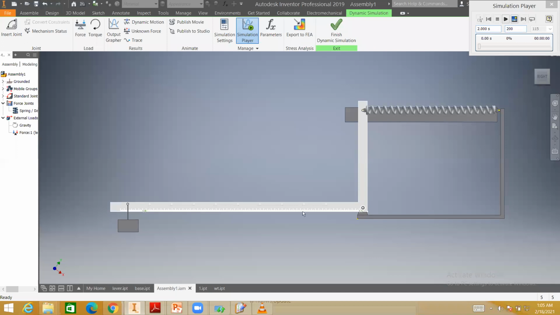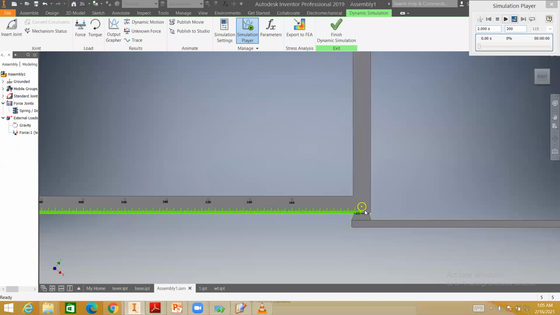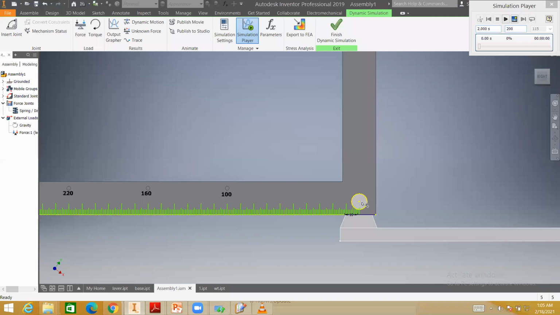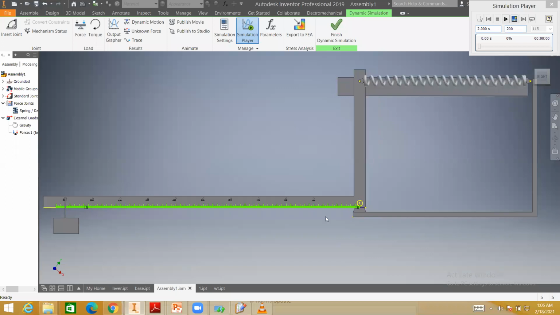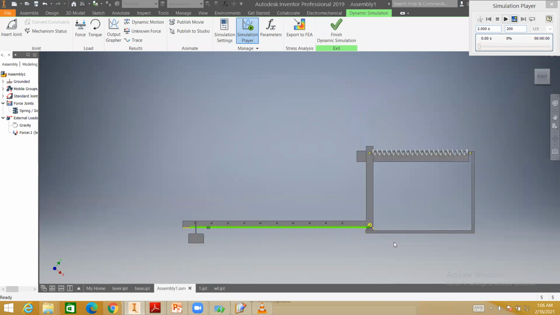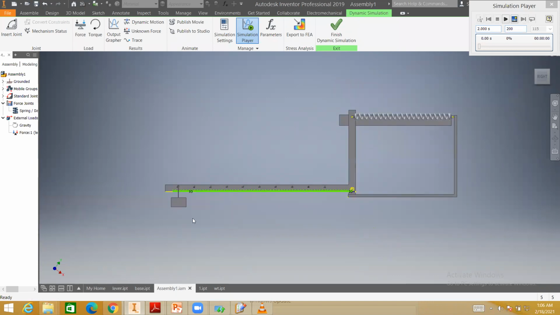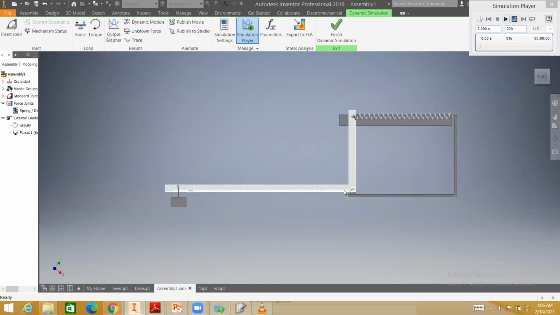This bell crank lever is pivoted at this point. So about this pivot point, this complete lever can rotate in the anti-clockwise direction or in the clockwise direction. This is arm AB, that is the base arm or the weight arm.